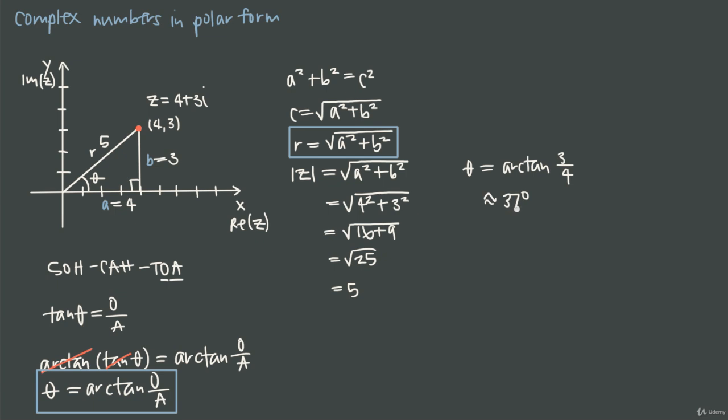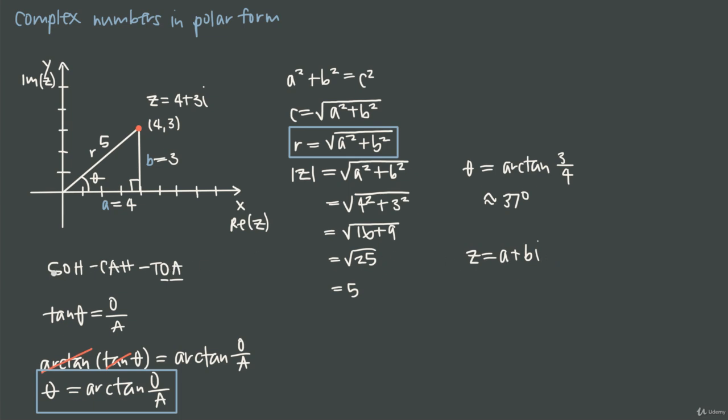Now, how do we come up with the polar form for a complex number? Well, we can derive the formula if we want to. We start with the complex number z equals a plus bi. And if we go back here to our SOHCAHTOA rule from trigonometry, we can build out the pieces that we need for a and b.